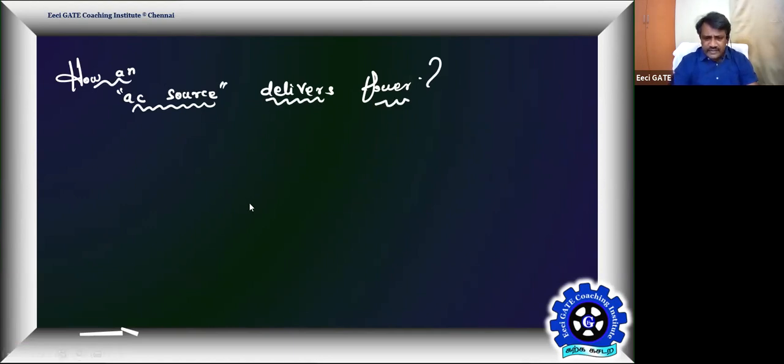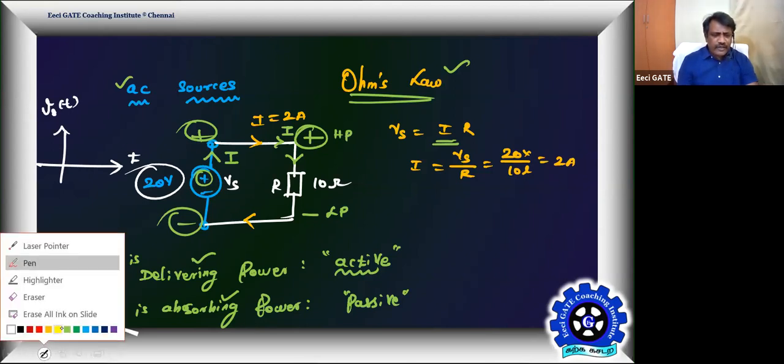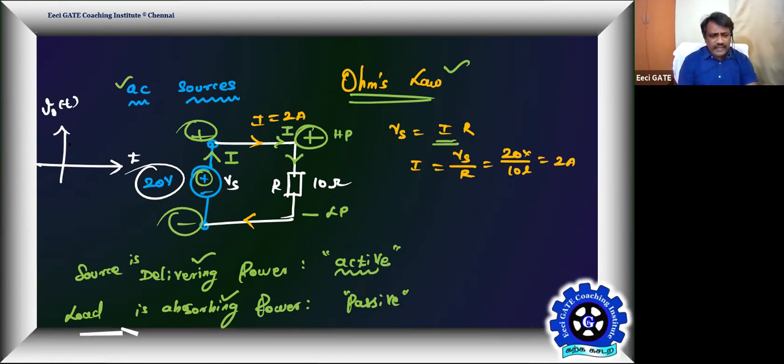In the last case, it's a DC source. It is having a constant voltage. If you plot Vs of t with respect to time, the moment you turn on the battery, the voltage always remains 20 volt. For any time, the voltage will be maintained as 20 volt.